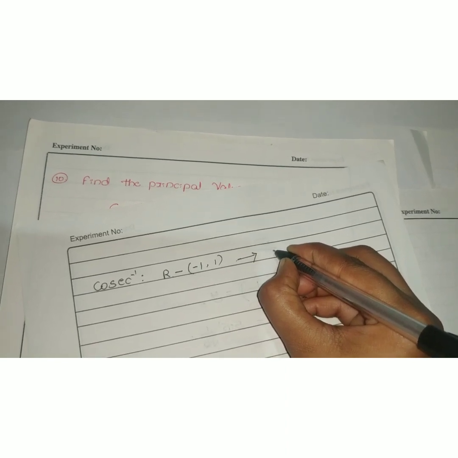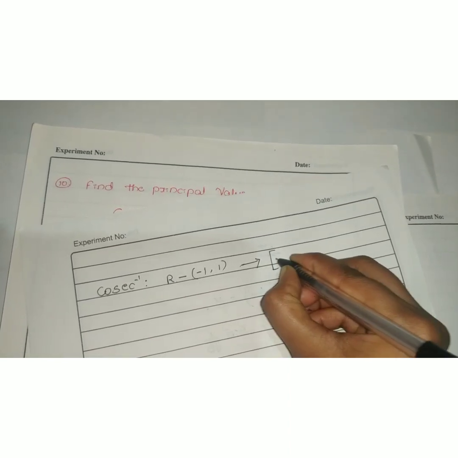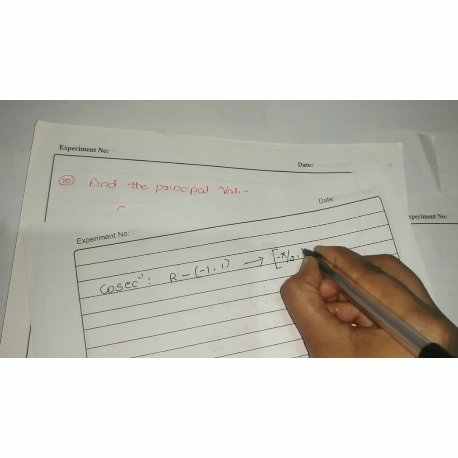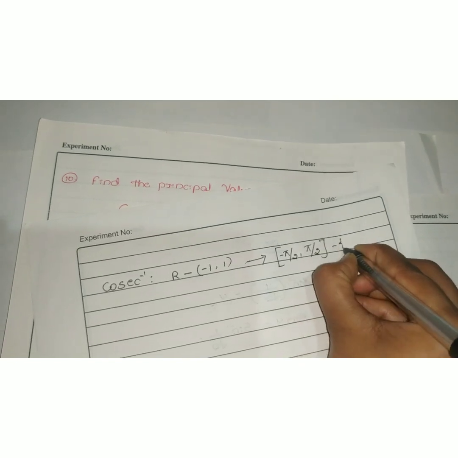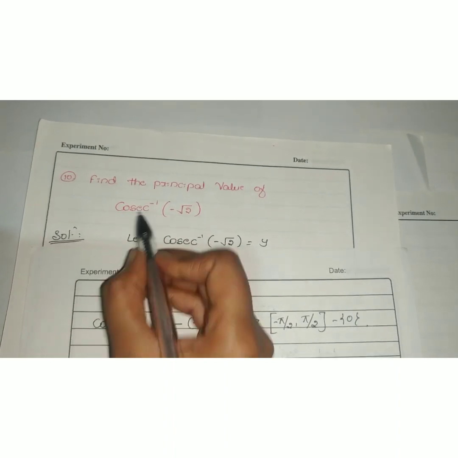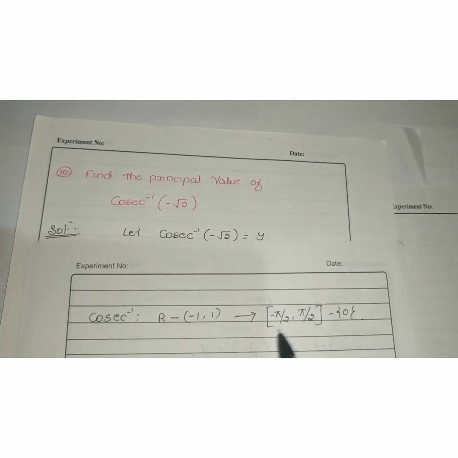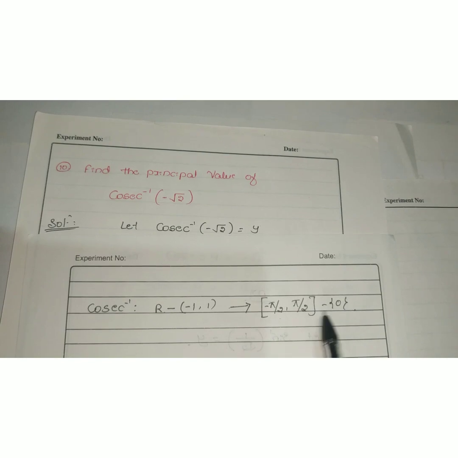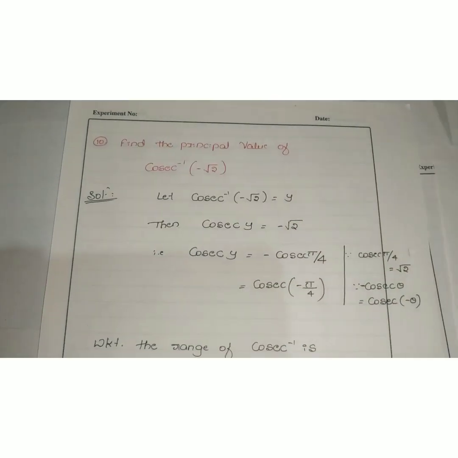The range of the cosec inverse function is the closed interval minus pi by 2 to pi by 2 except 0. The principal value of cosec inverse means the value lies in the interval range of the principal branch.